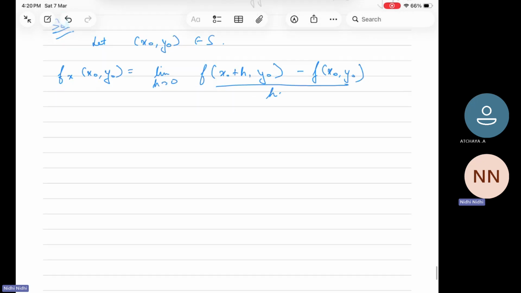So it's all just calculation. We'll firstly simplify this inside term. So this is limit h tending to 0.